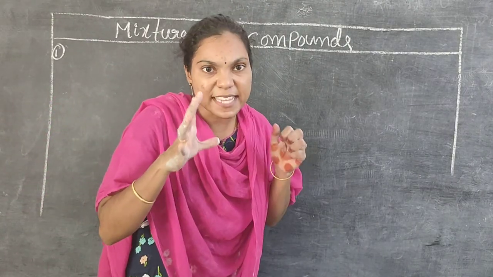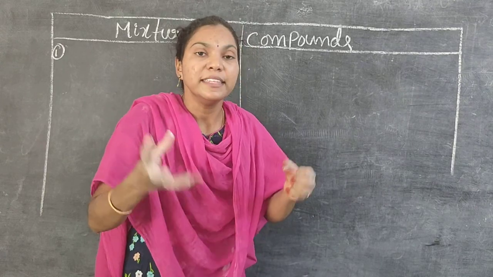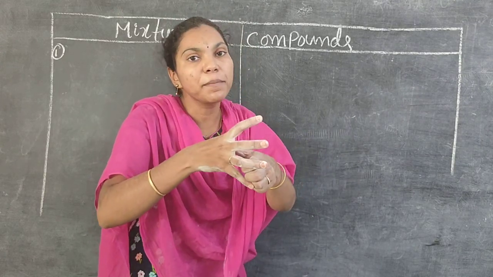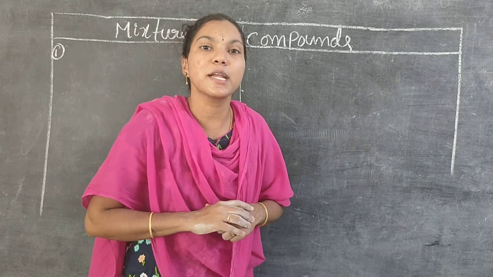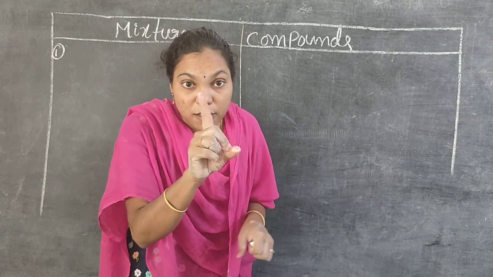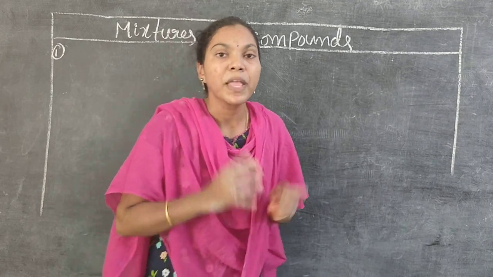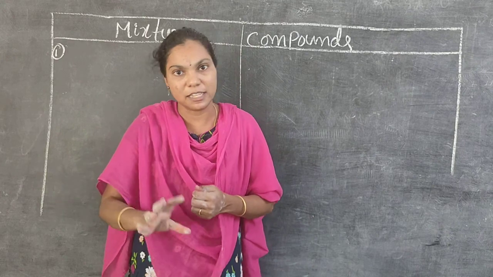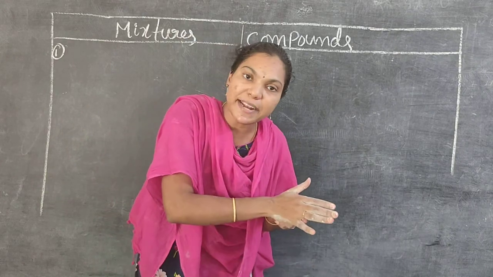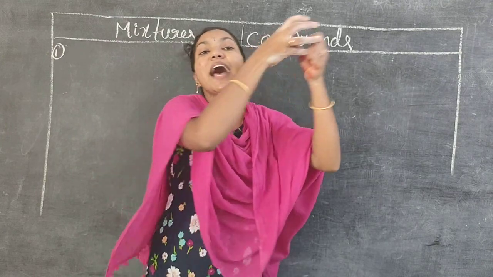A mixture contains two or more types of components just mixed together to form a mixture. There is no new substance formed in the mixture. Whether they are elements or components, they are just mixed together to form the mixtures.